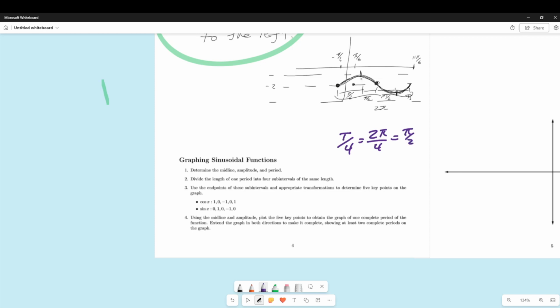And that's going to be how far between each of your values. Find those 5 key points: the start, max, min, middle, and end, in whatever order they occur. And then using the midline and amplitude, plot the 5 key points and obtain the graph. So that's how we graph functions.